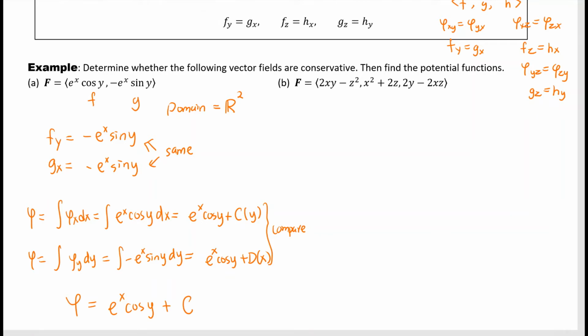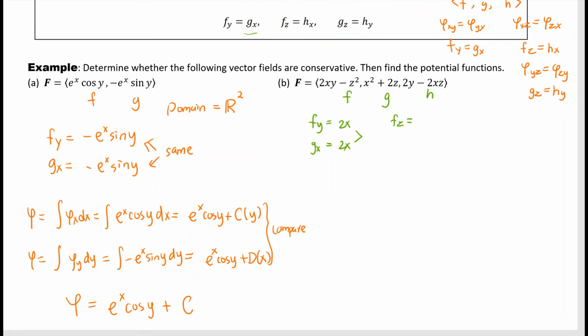Okay, let's look at the following example. Here we have R3, so F, G, H. F_y equals 2x, and next G_x, the derivative of x squared with respect to x, is 2x, so they match. How about F_z? We just check the list.